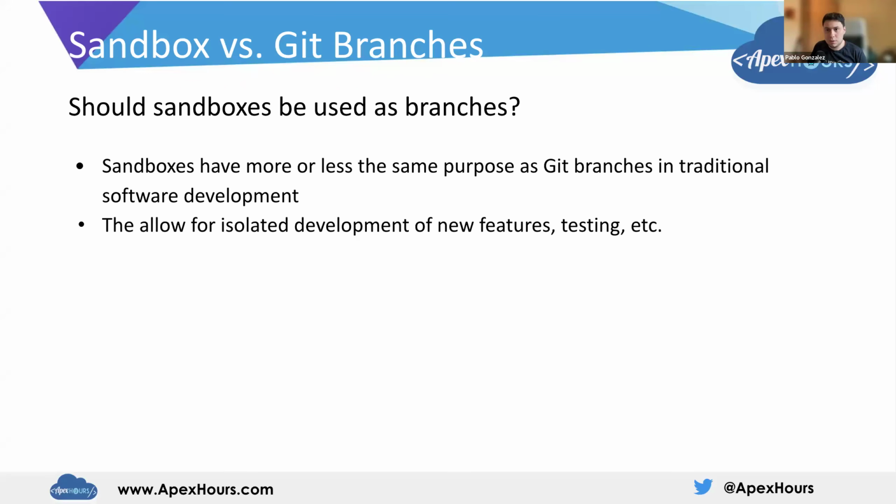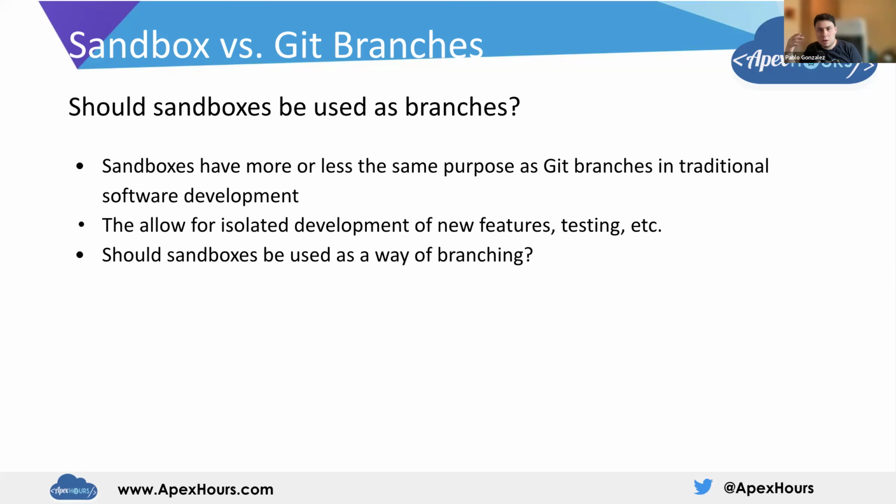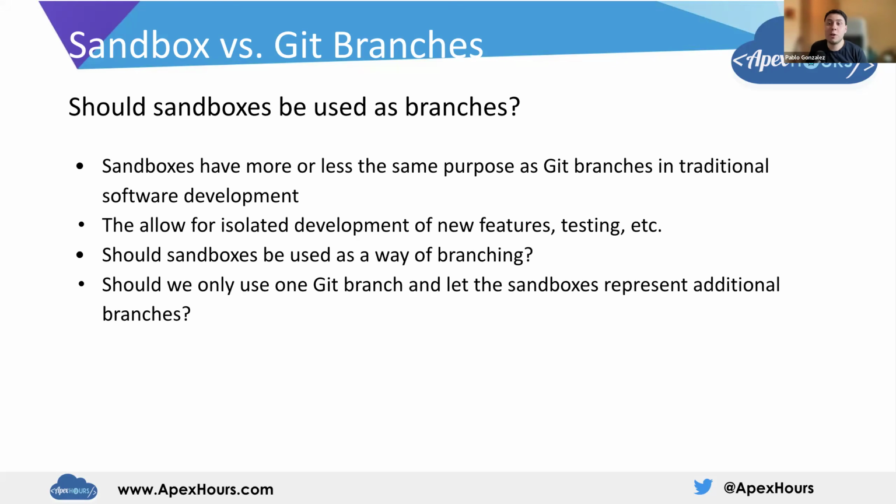And that purpose is to allow for isolated development of new features, testing, etc. So again, I ponder the question: are we thinking about sandboxes wrong? What if I only had one single branch in Git and used sandboxes as a way of managing differences? Is that the correct approach? I can't tell you. There is no answer to this.